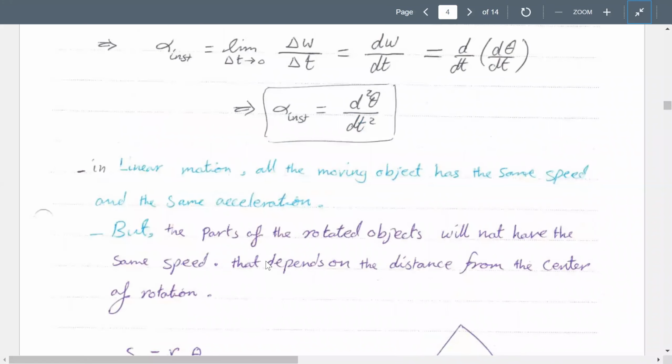Before, we know in linear motion, we have the speed, the average speed, and the acceleration.